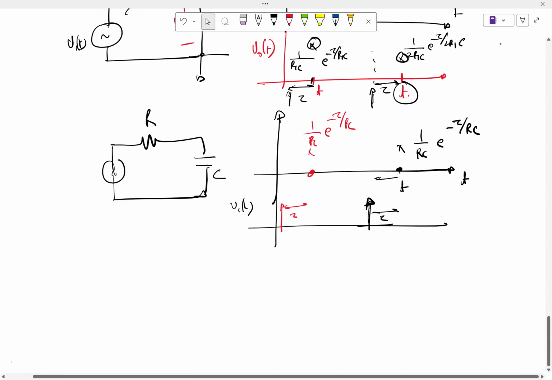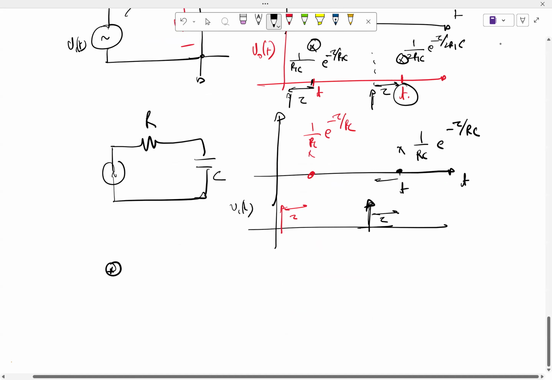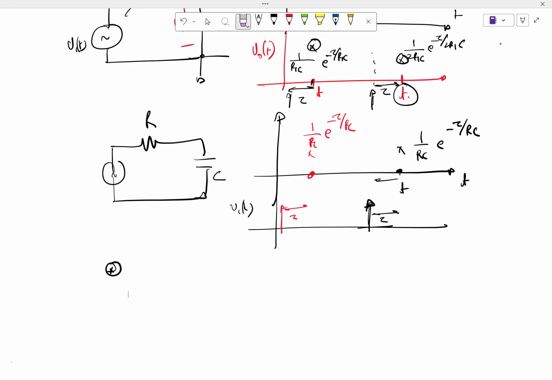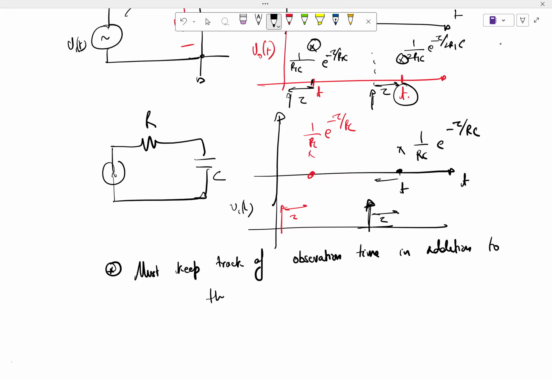Right? So the key takeaway is, you must keep track of the observation time in addition to the difference.